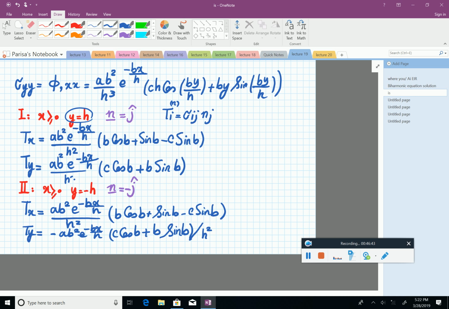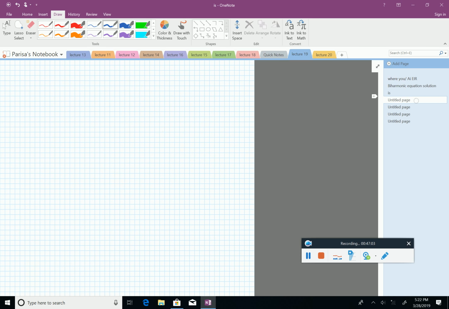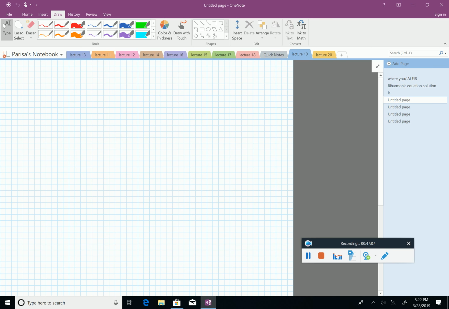So what I want you to see from these equations is that if the traction on the top is 0, it's also 0 at the bottom. So the same conditions which make the top traction free make the bottom of this domain also traction free. Okay, and what are these conditions? So if I call it number 1 and 2, b cosine b, this is what is in the parentheses.